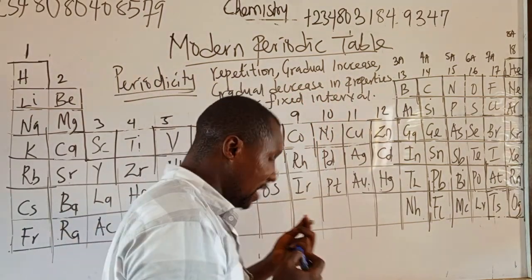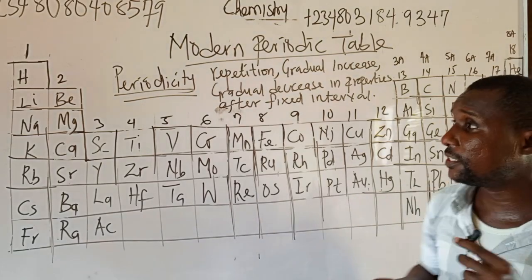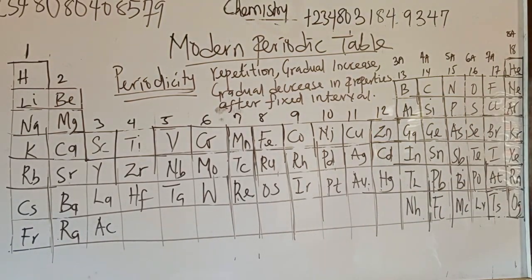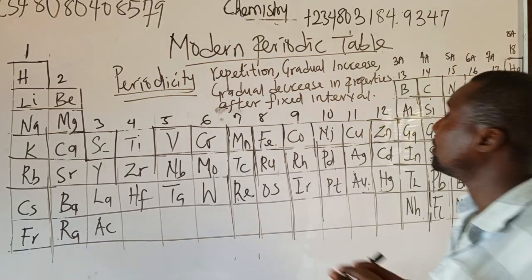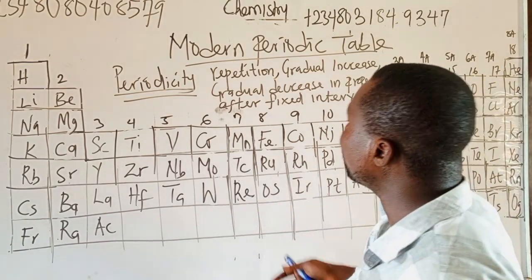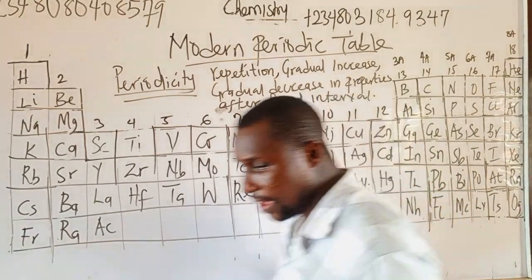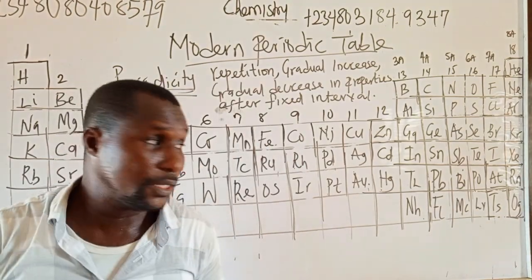Take note of that. That's the meaning of periodicity. Periodicity is repetition or gradual increase or gradual decrease in properties of elements after a fixed interval.